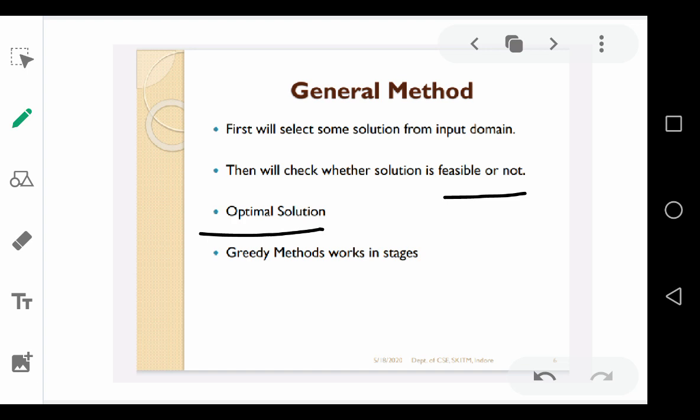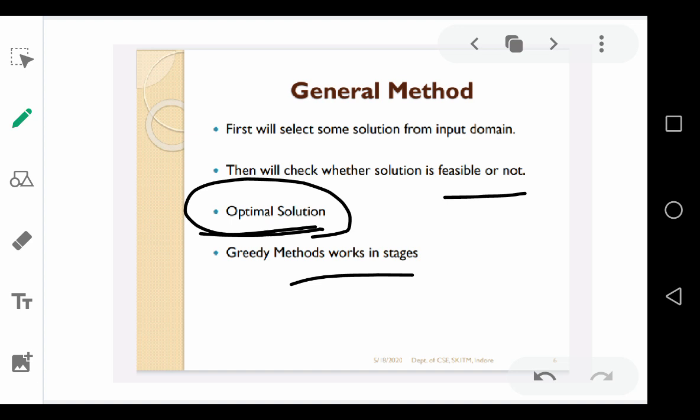Such a solution we call an optimal solution. The last point is that the greedy method works in stages. It means that at each stage only one input is considered at a time.